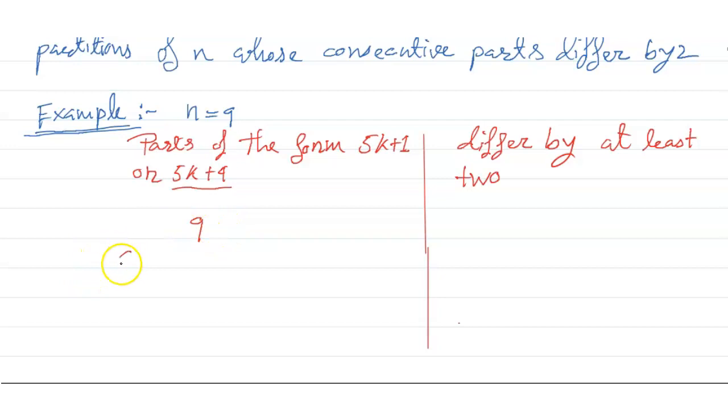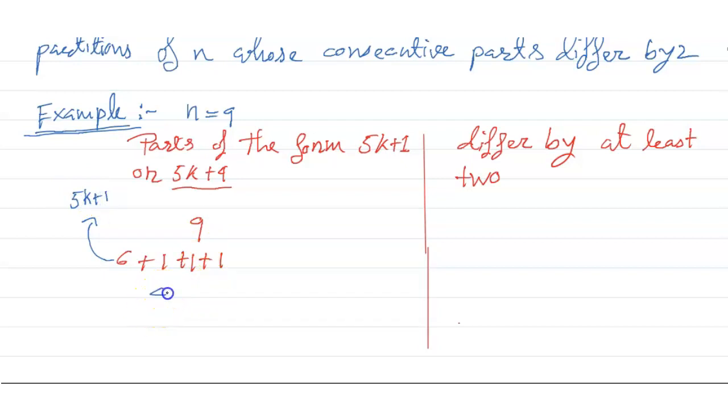Another is 6 plus 1 plus 1 plus 1, where 6 is also of the 5k plus 1 form. I hope I can clear this concept.